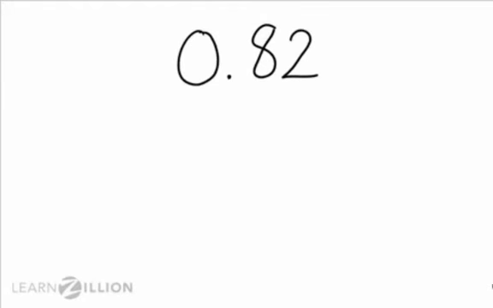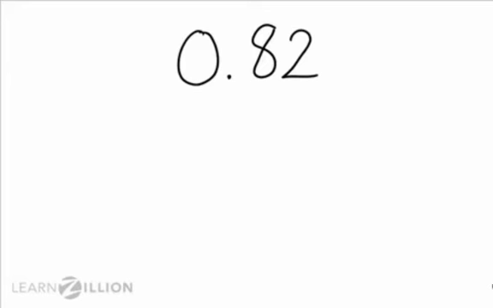Let's look at the decimal 0.82, or 82 hundredths. Did you hear how that sounded like a fraction? I bet just by hearing that, you would know how to write the fraction. Since there is no number to the left of the decimal point, we do not have a complete whole.